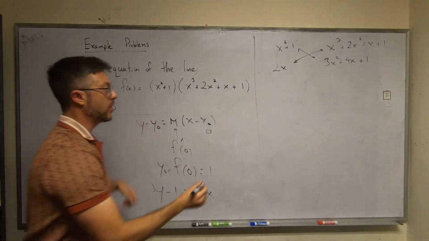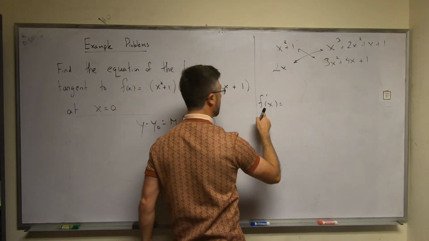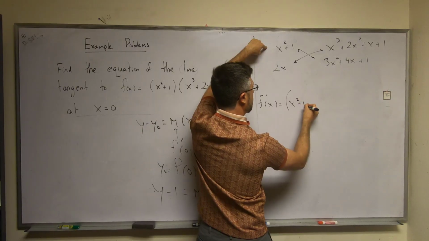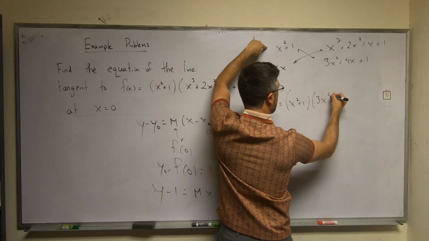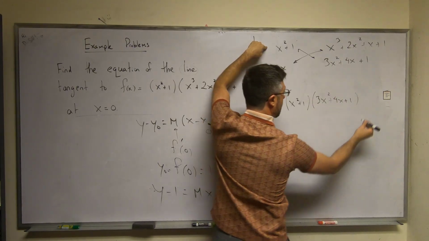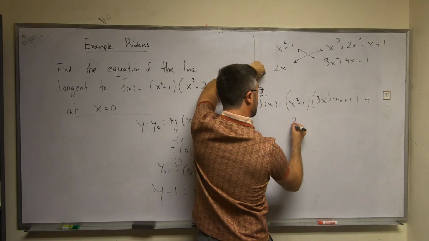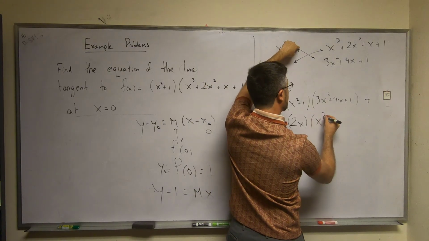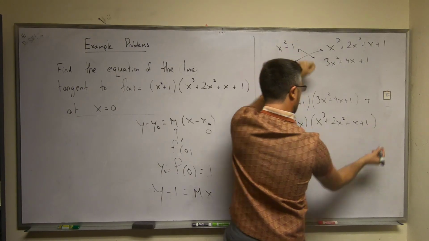And that will be f prime of x. All right, so carrying that through, the first derivative is x squared plus 1 multiplied by 3x squared plus 4x plus 1, and then plus, but I'm out of board space, so I'll drop the next summand down below. That's 2x multiplied by x cubed plus 2x squared plus x plus 1.